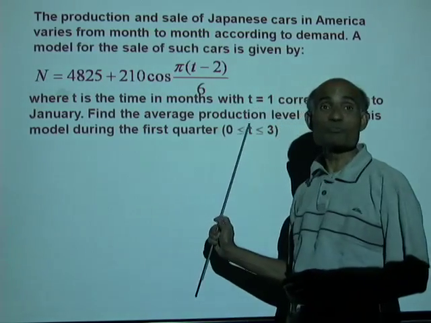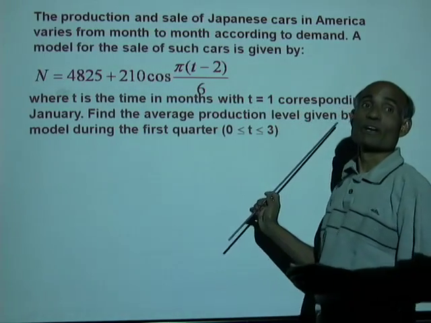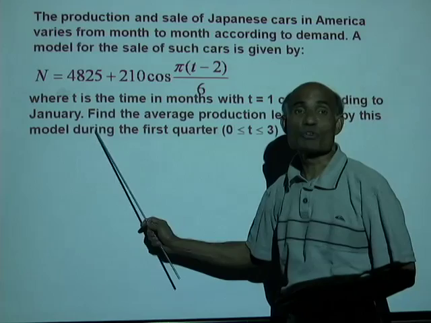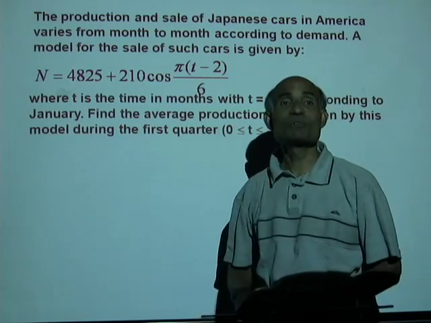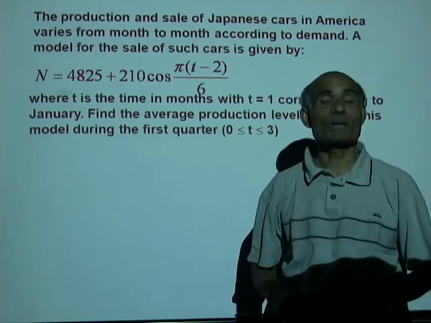Find the average production level given by the model during the first quarter, that is, from t equal to 0 to t equal to 3.